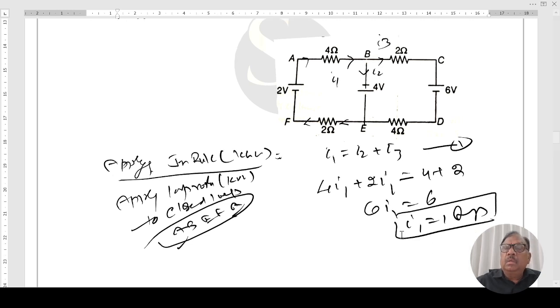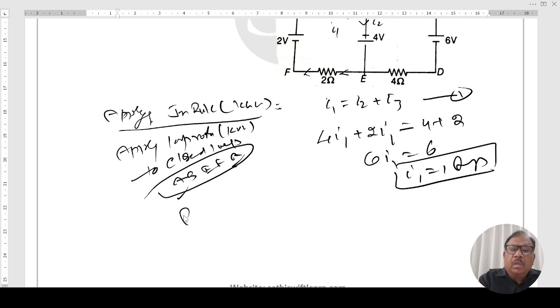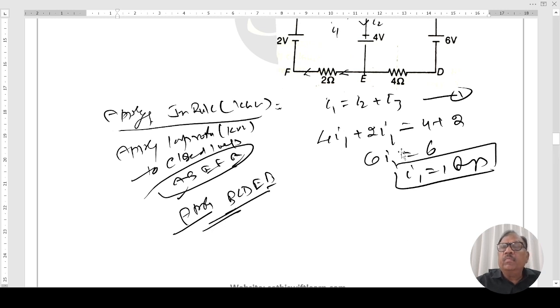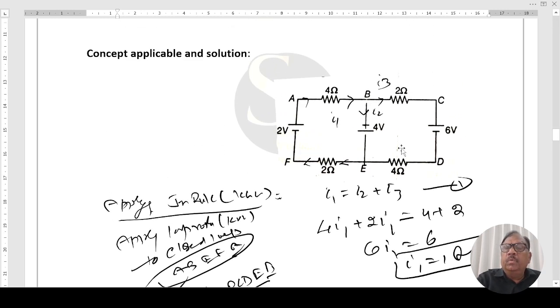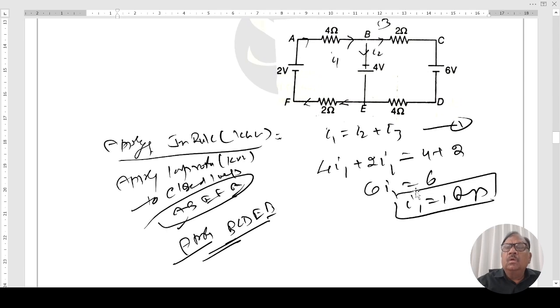Right? Now applying KVL to loop B, C, D, E, B. 2I3 plus 4I3 equal to negative 6 and positive 2, which comes out to be minus 4.